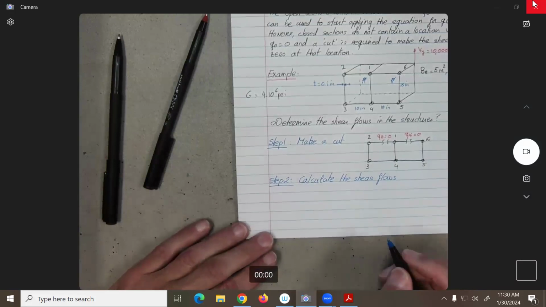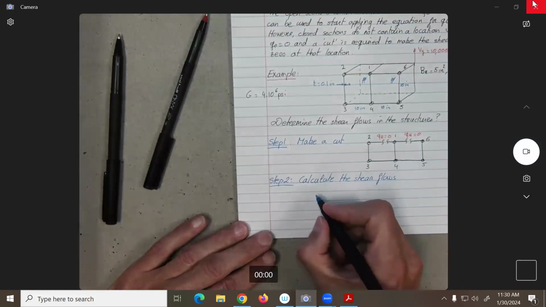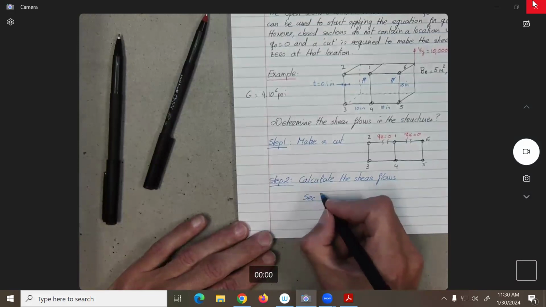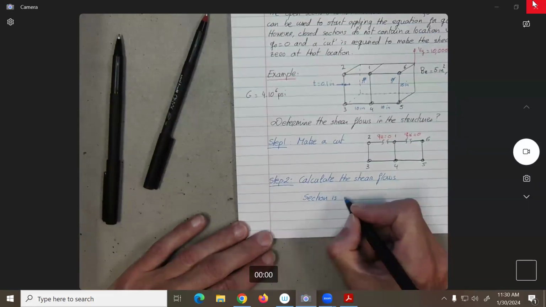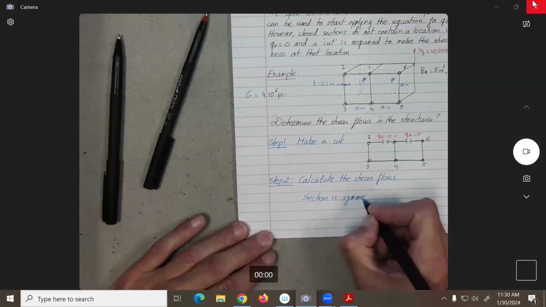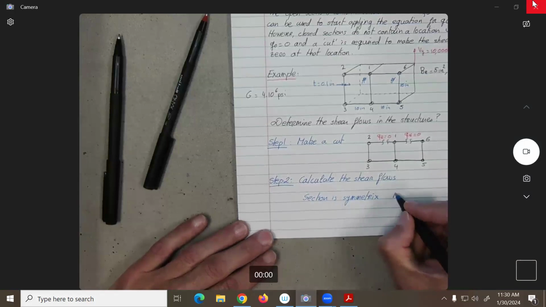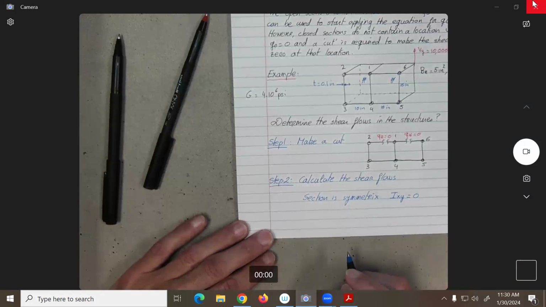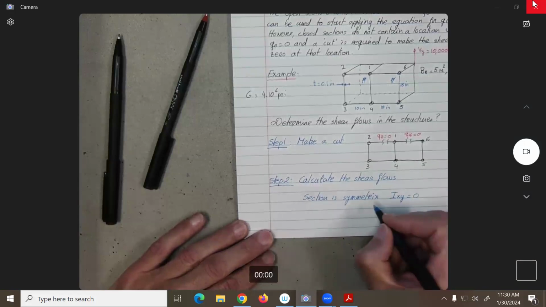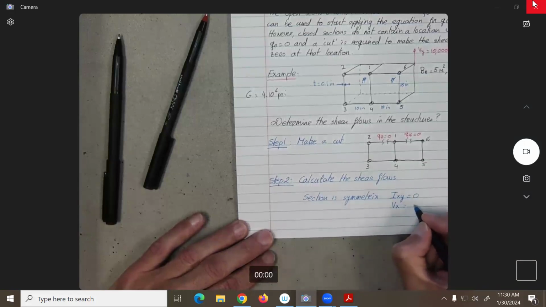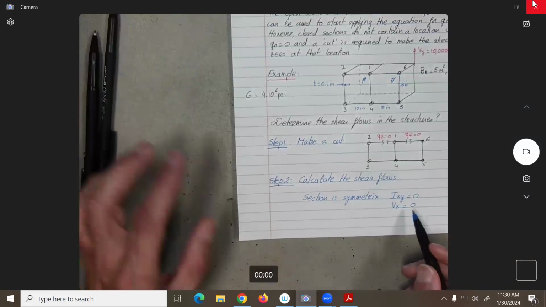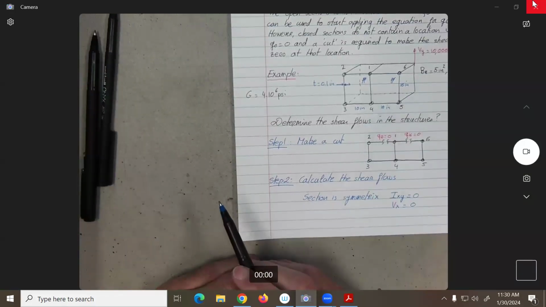So let's see, what do we know about this structure? The section, or structure, is symmetric. So what does that mean? That will mean that the IXY, the product of inertia, will be zero, no? Now, something else we have over here is that there is no shear force in the x direction, if you look at the figure.